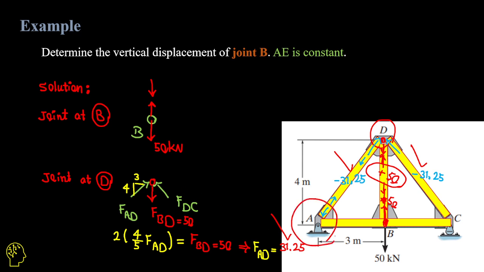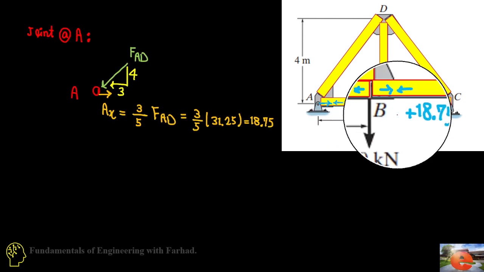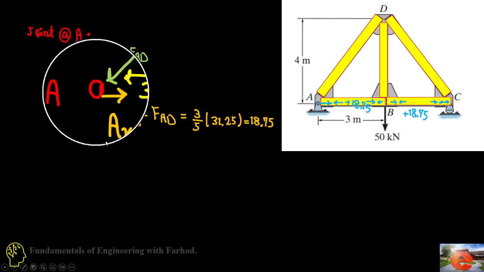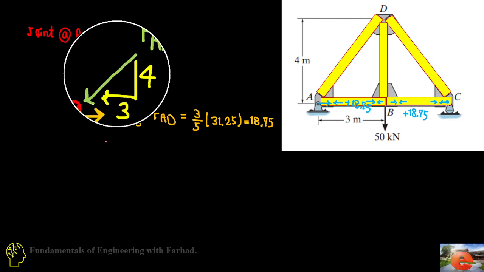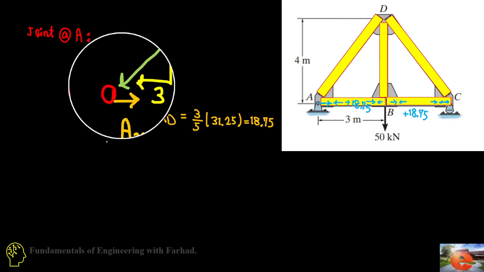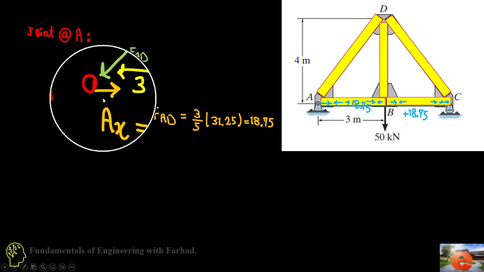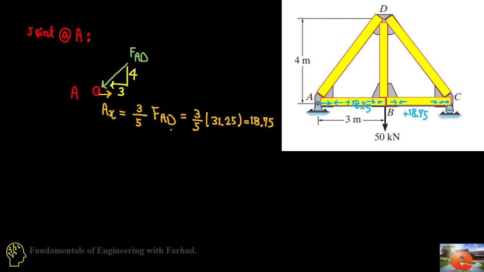Then let's jump to joint A to see what's happening. At joint A, you can see there is a compressive force of FAD applied to the joint as well. So the horizontal component of that one should be cancelled out by AX. So AX is 3 over 5 of FAD, which is 3 over 5 of 31.5.